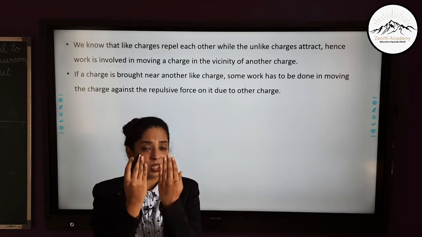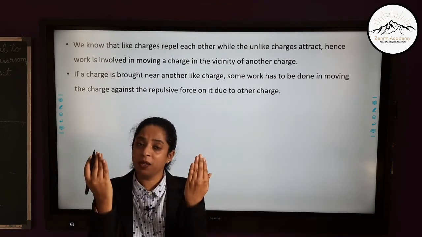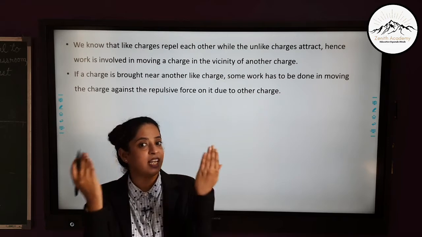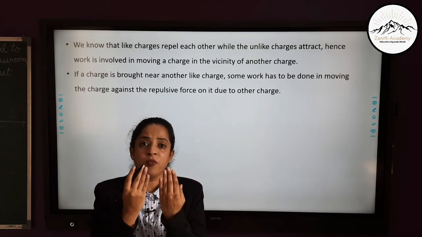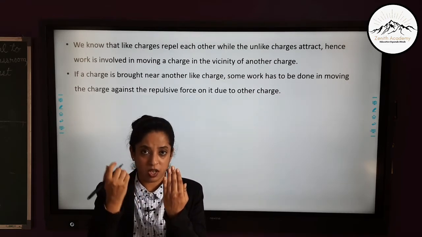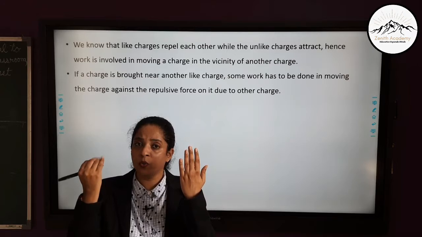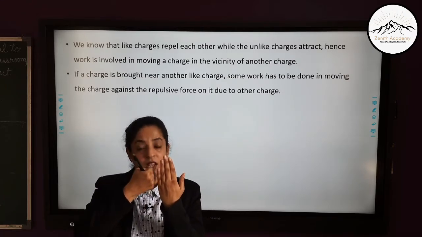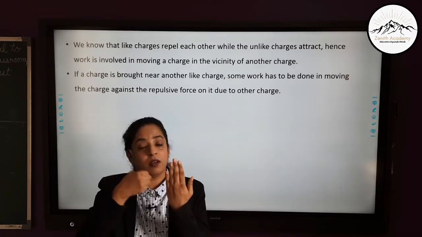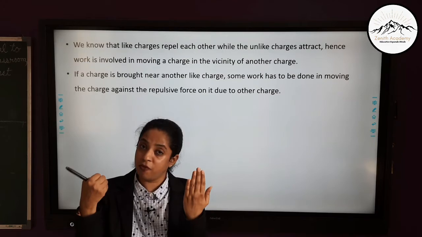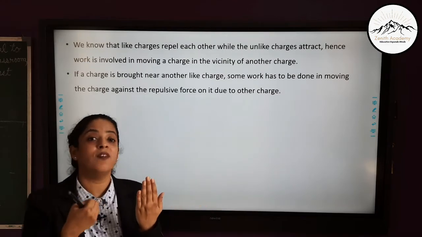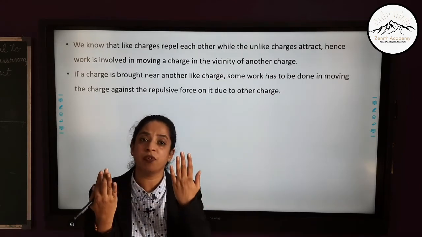Now these two positive charges will repel each other because they are like charges and like charges repel. Now if we want to move this charge close to this charge, then it becomes very difficult because we have to overcome the repulsive forces. So a lot of work is involved in moving a charge in presence of another charge.